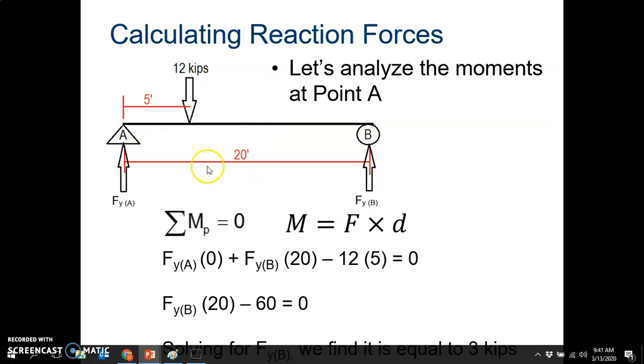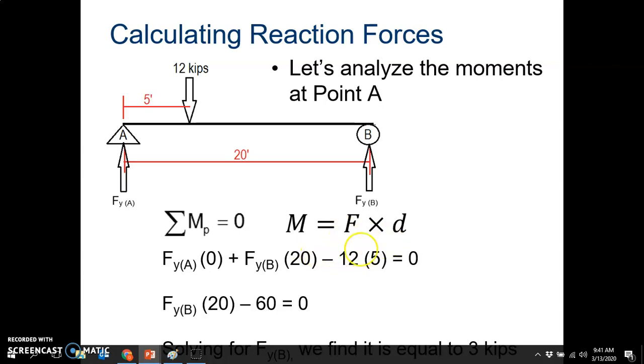So let's see what we have. What's the distance between this force and point A? It's actually 0. So we have our force of A times 0. That kind of cancels out, right? Then we have this force right here times that distance, which is 20. So we have our reactionary force of B times that distance, which is 20. And that's the positive one.